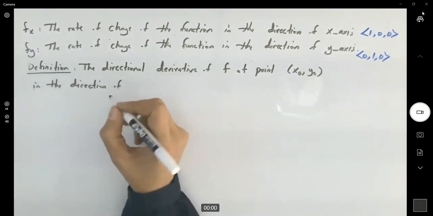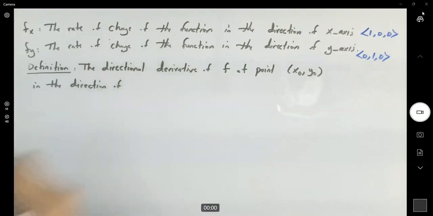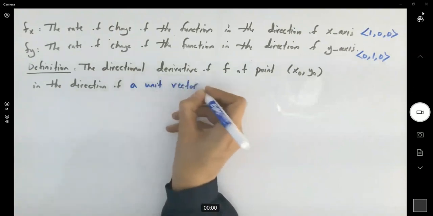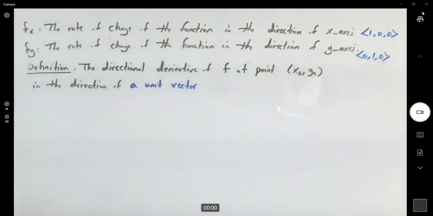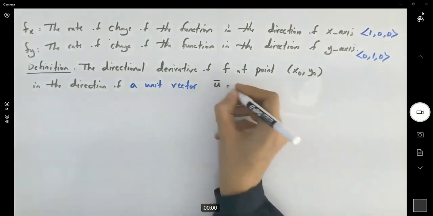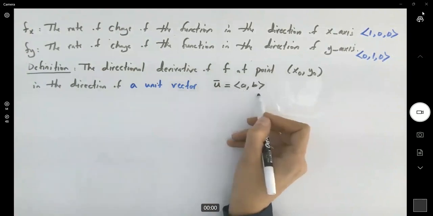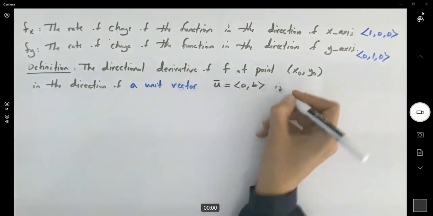Now I'm going to introduce a unit vector. Let me use a different color. So the length of the vector is equal to 1. U equals, the first component is a, the second component is b.